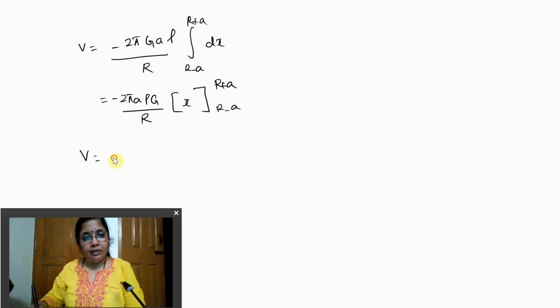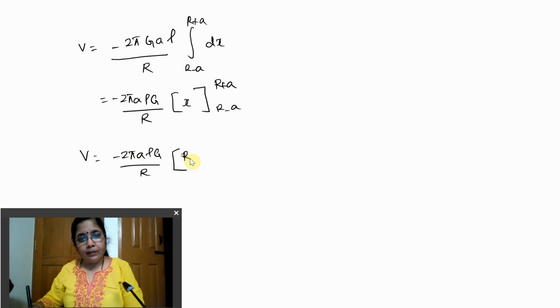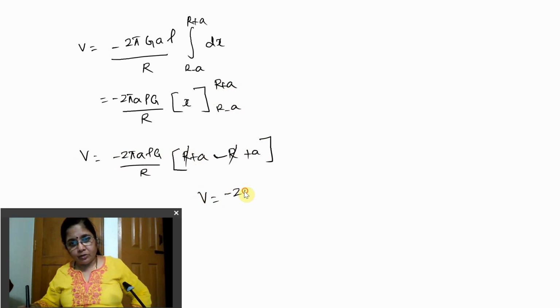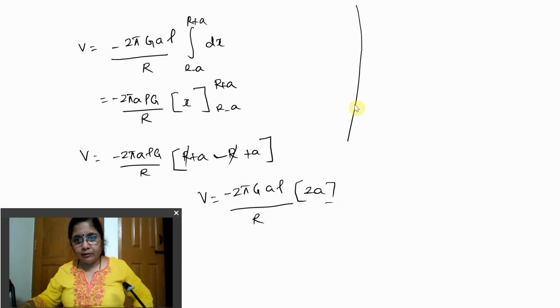So v is equal to minus 2 pi a rho g by r, times r plus a minus r minus a. Am I right? Minus r, minus of minus a. So you cancel r, and v is going to be minus 2 pi g a rho by r into 2a. A plus a is 2a.